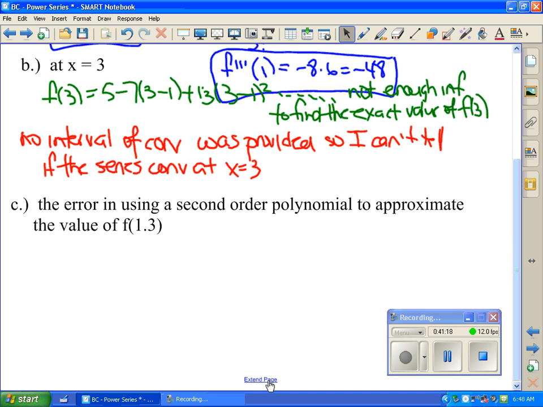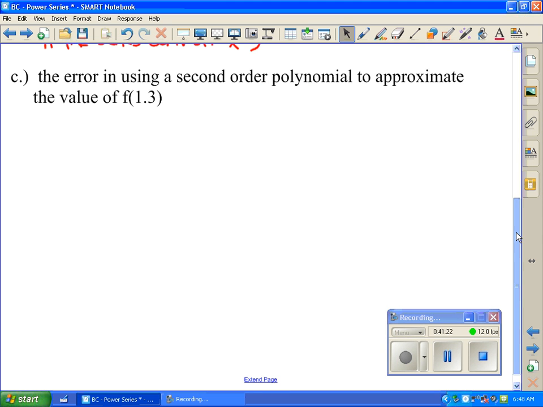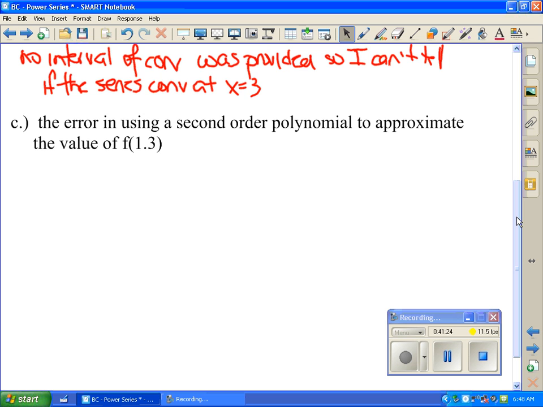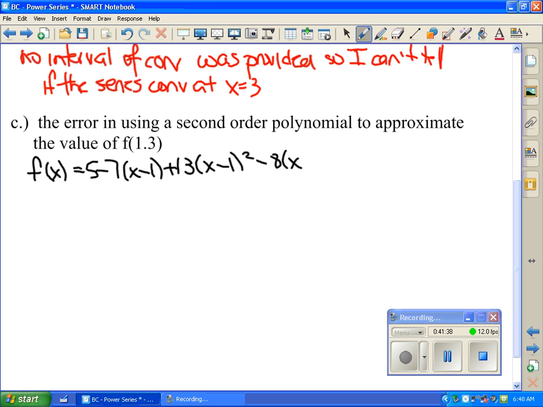But I can do part C, because the part C question says, the error in using a second order polynomial to approximate the value of f of 1.3. Alright, so let me write down my function again. F of x was equal to 5 minus 7, x minus 1, plus 13, x minus 1 squared, minus 8, x minus 1 cubed. That's the exact representation. I'm going to use a second order polynomial here.